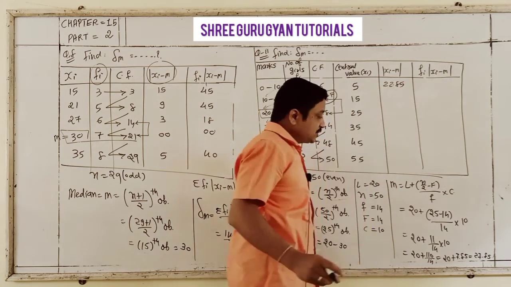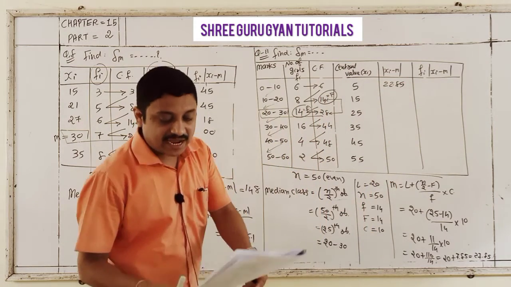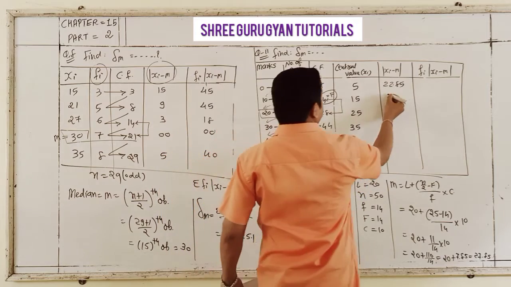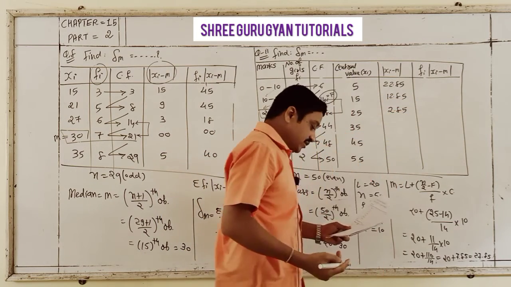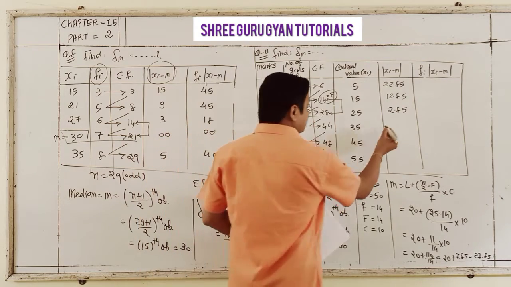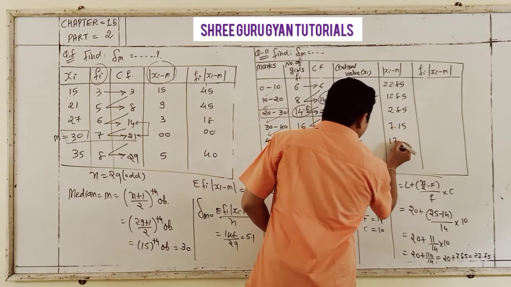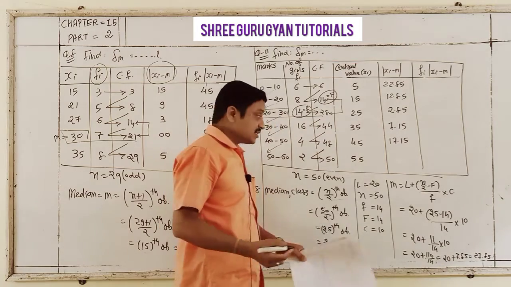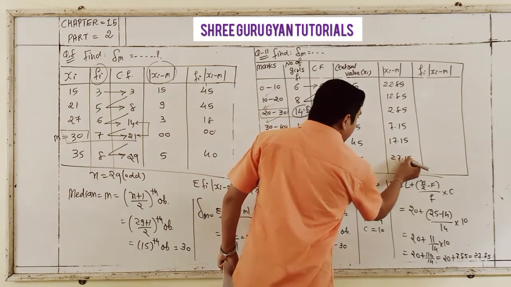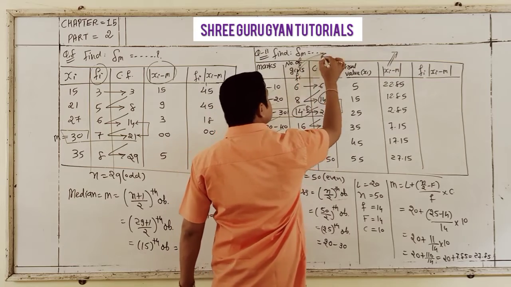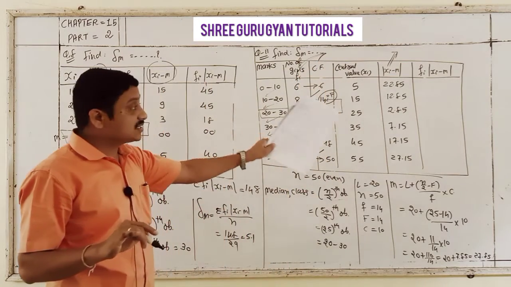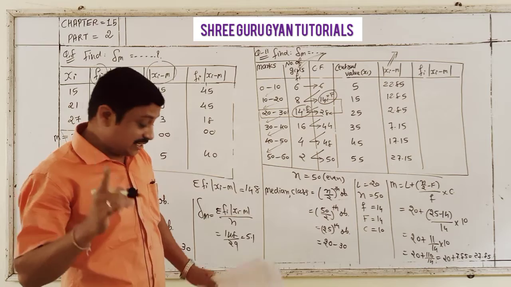22.85. And students, using calculator I just directly write down 12.85, next 2.85, and after that students 7.15, next 17.15, and 27.15, and this data you multiply with these frequencies, 6 into 22.85 using calculator.